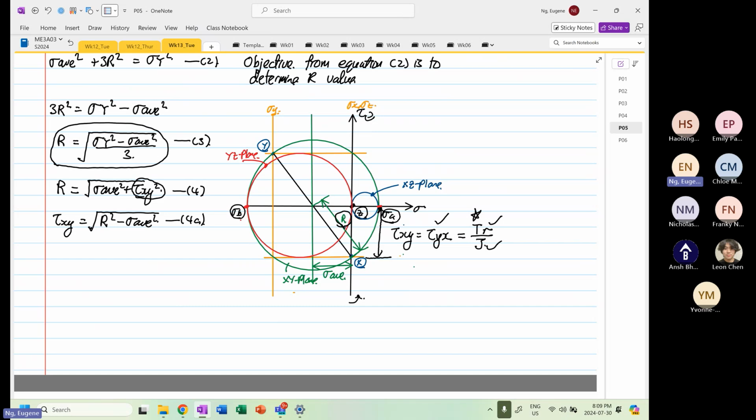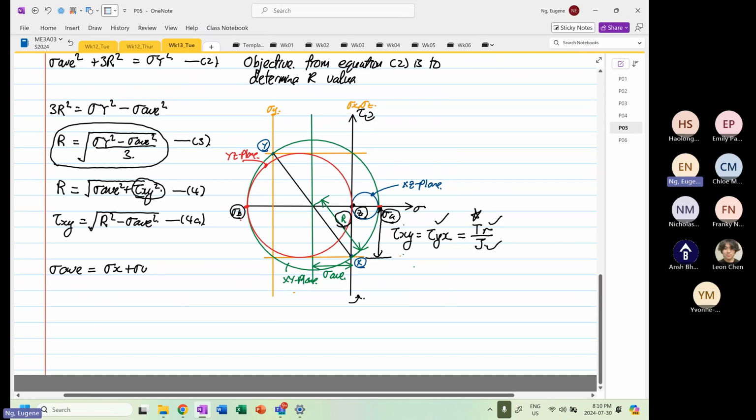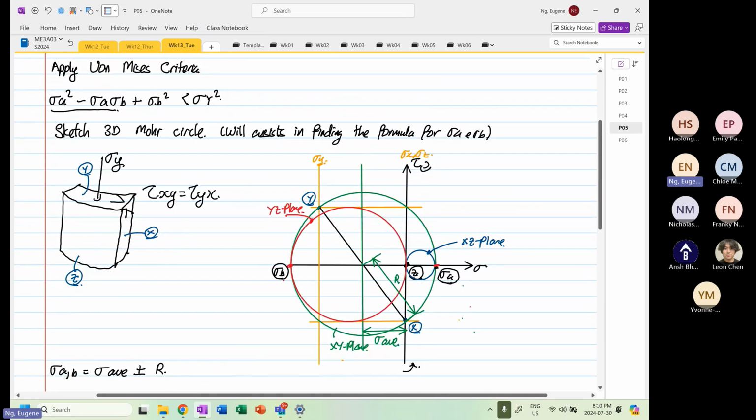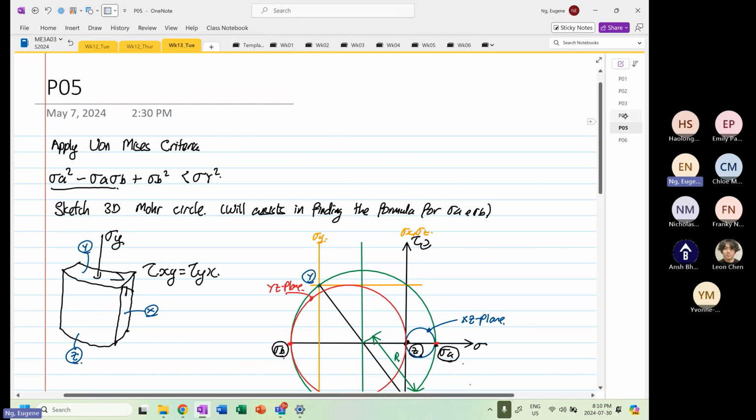Why are we doing this? First we have to calculate stress average, which is equal to stress x plus stress y divided by 2. I know it has been a while.